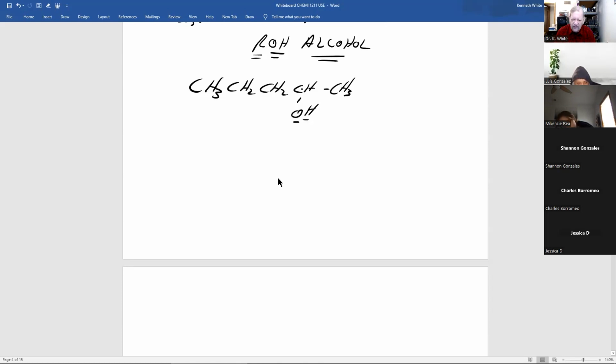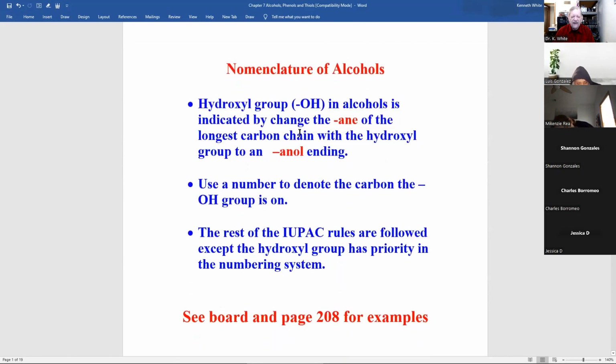Now the question is, how do you name that? The IUPAC rule is OH, hydroxyl group. You change the ANE ending of the longest chain, drop the E, and add OL.